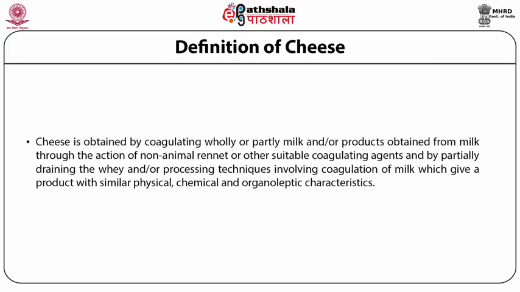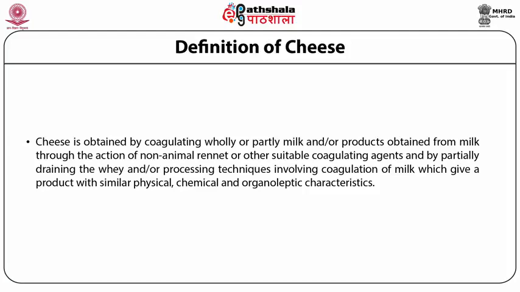Cheese is obtained by coagulating wholly or partly milk and or milk products obtained from milk through the action of non-animal rennet or other suitable coagulating agents, and by partially draining the whey and or processing techniques involving coagulation of milk, which gives a product with similar physical, chemical and organoleptic characteristics.